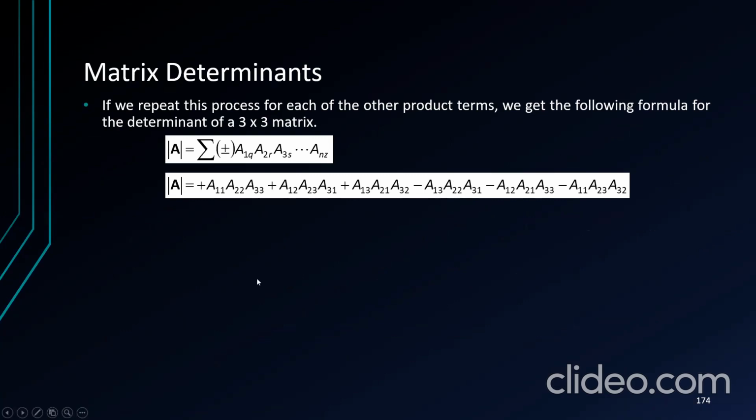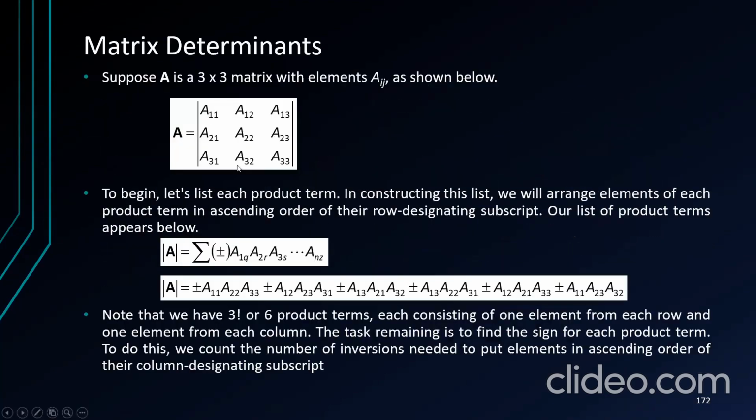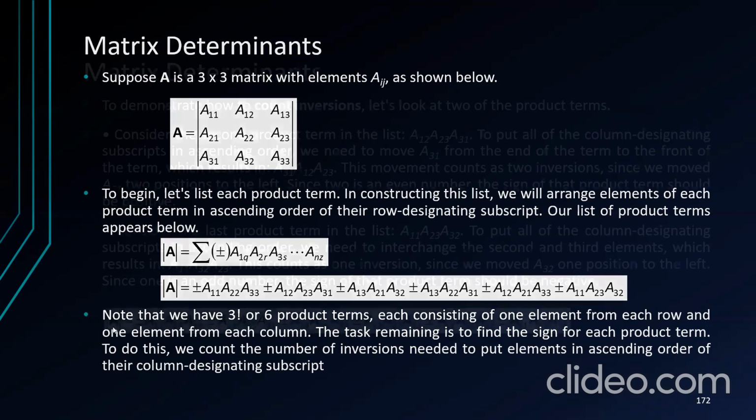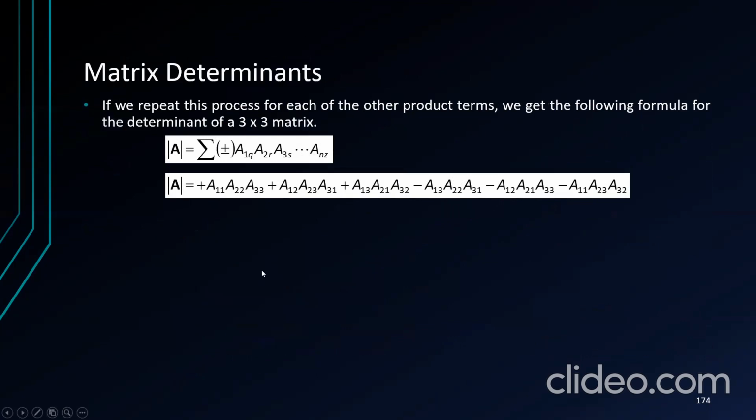So, ibig sabihin, in a simple way, multiply mo ito, add, minus, yung total naman nitong sa, from upper right to lower left. Yun ang procedure dito sa 3x3. Okay?